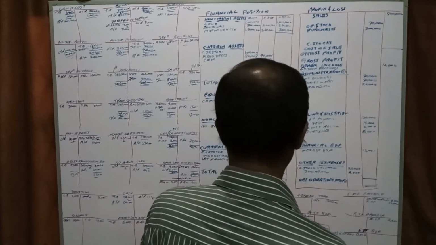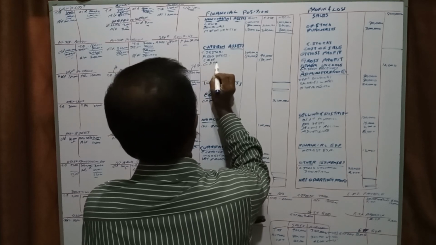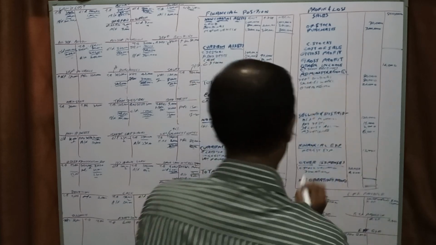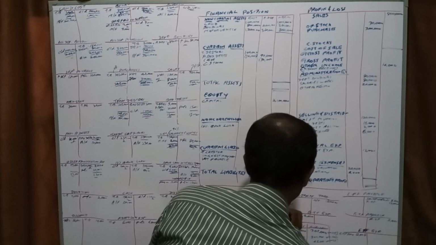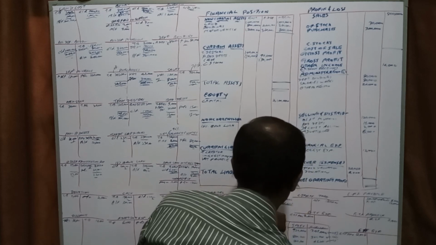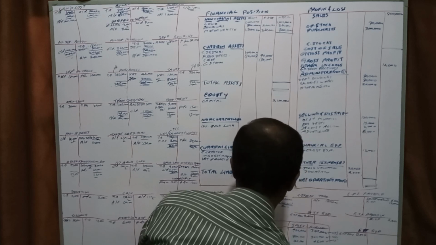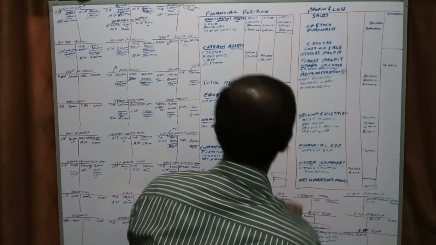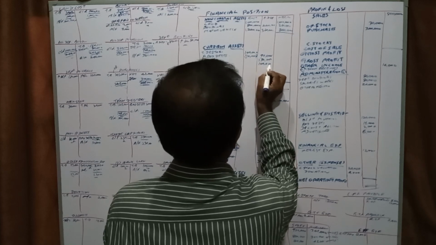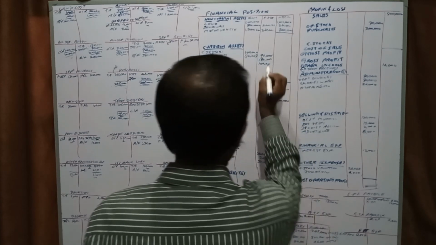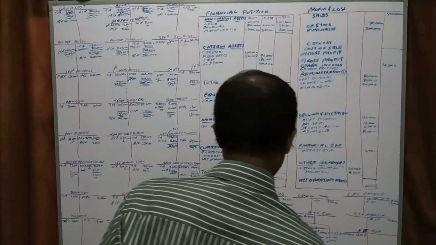Closing stocks 120,000, right? Stocks carried down balance is 100,000, right? And brought forward is 100,000.